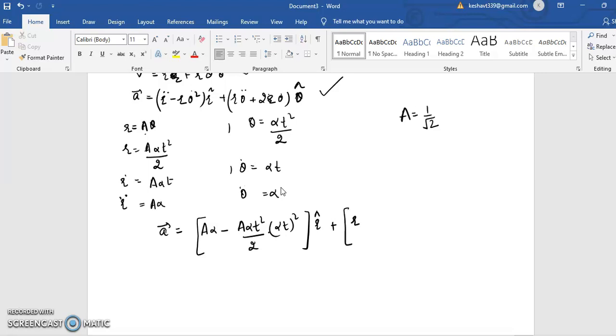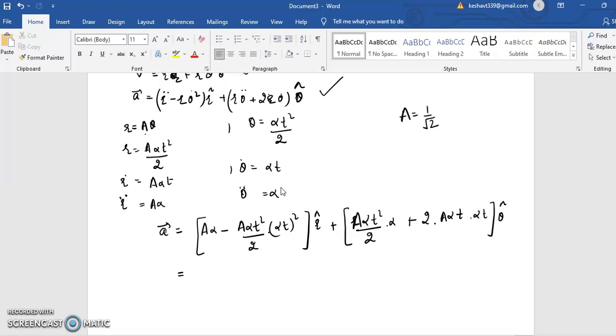R theta double dot: what is r? This is a alpha t square divided by 2, and theta double dot will be alpha. Then plus 2 r dot theta dot: r dot is a alpha t, and theta dot is alpha t. This is theta cap.